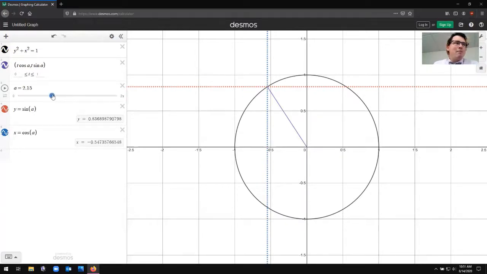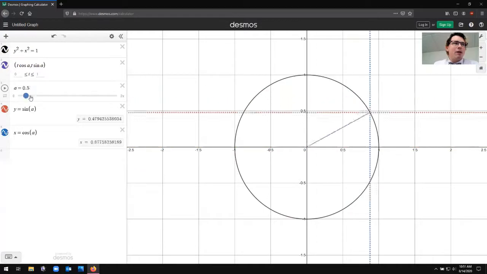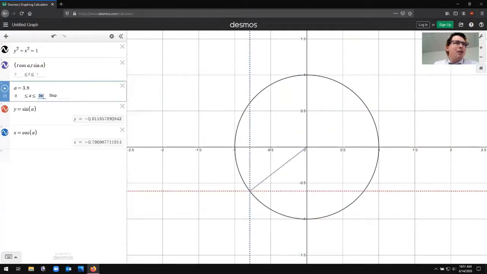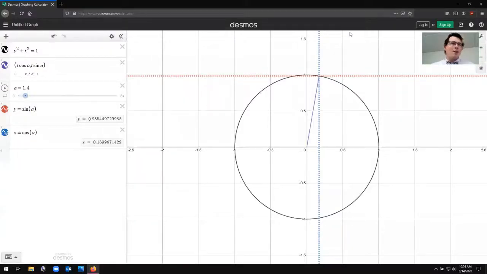And if I wanted to put in numbers outside of the range 0 to 2 pi, I'm going to go ahead and say I want this to be 6 pi. Okay, where was I?